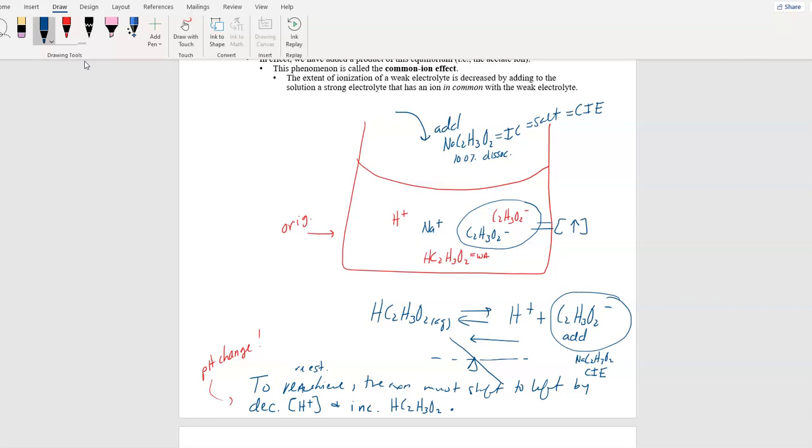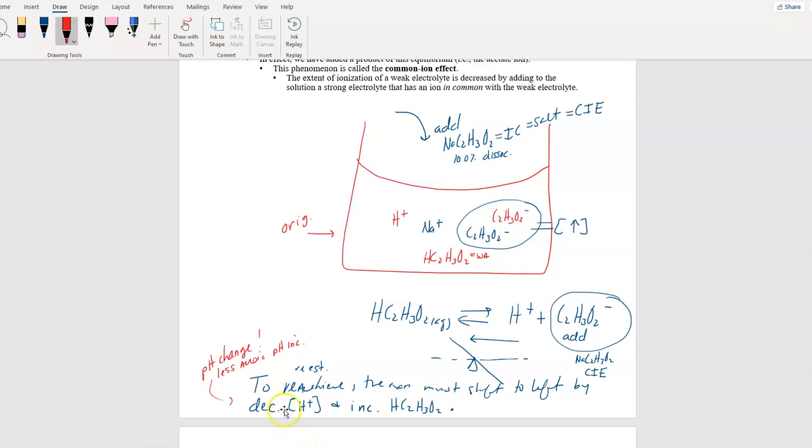You're decreasing some H+, which means your pH will definitely be getting higher, because you're not making it more acidic, you're making it less acidic. So the pH will increase because I lose some H+ and add some more weak acid. So it's going to be less acidic.